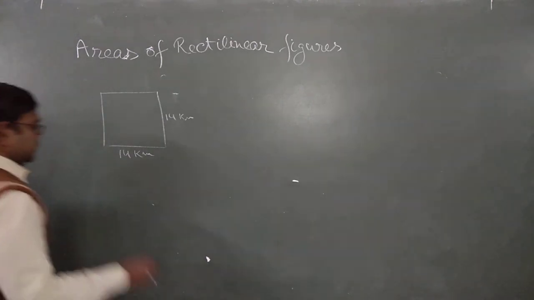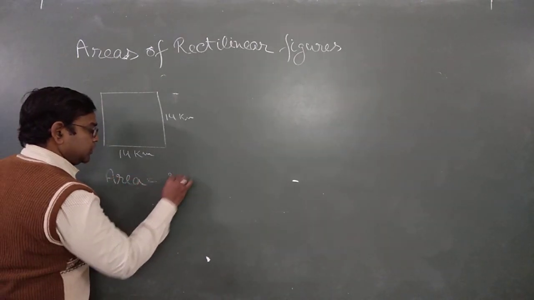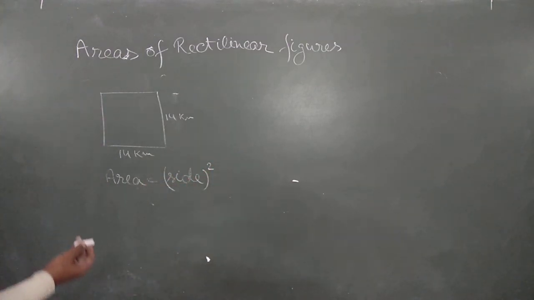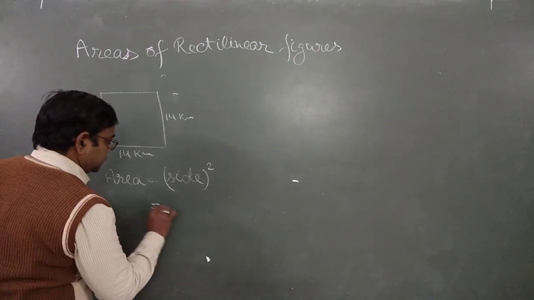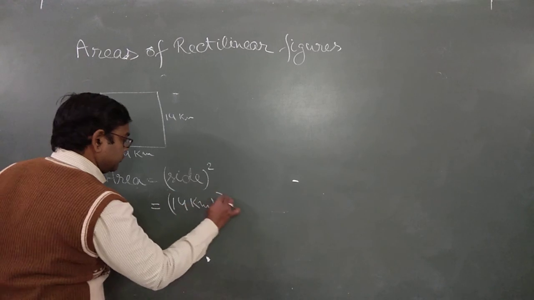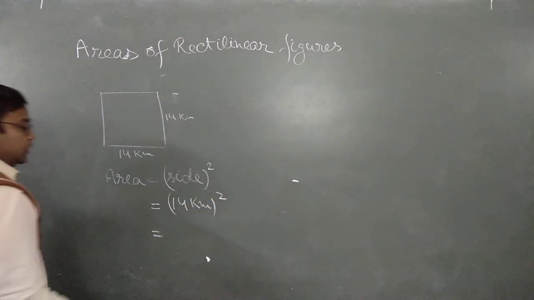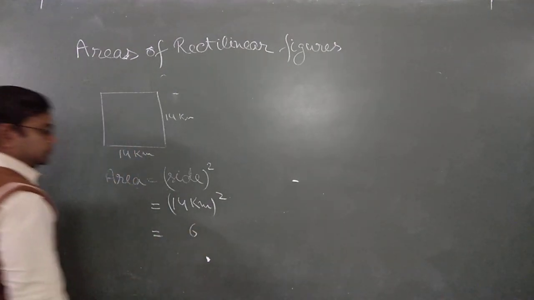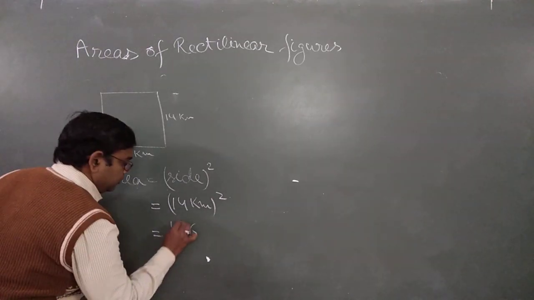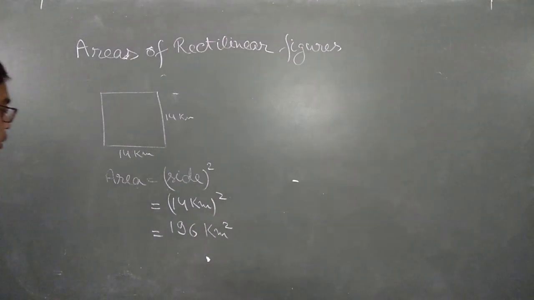So first find the area. Area of a square, we know the formula is side whole square. All of you must write down the formula first. Then it is 14 km whole square, and 14 times 14 is 196 kilometer square.